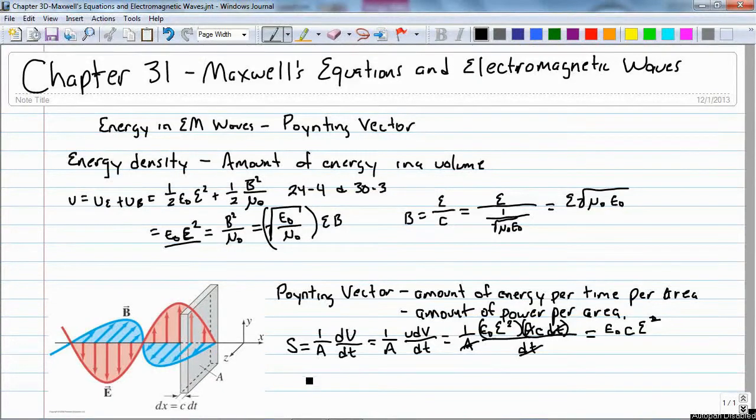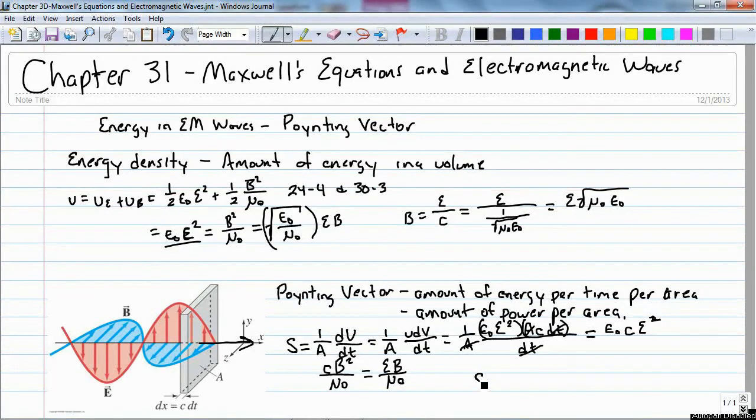Now we can use this relationship to come up with some others. So we can have the speed of electromagnetic waves times the magnetic field squared divided by mu naught. And we would have the electric field times the magnetic field divided by mu naught. And Poynting's vector is in the direction of motion, so in this case along the x-axis.